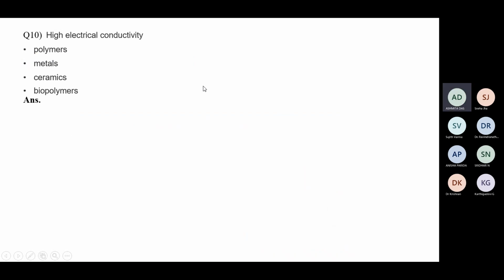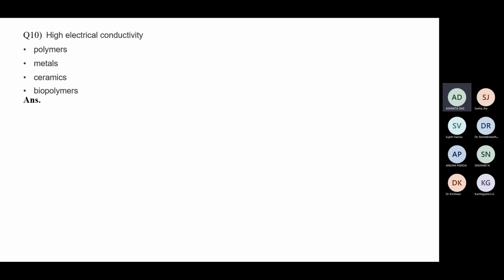Now moving to the next question, high electrical conductivity. In general, it's metal, but if you consider a superconductive material where resistivity is 0, then ceramic is also a right answer, because most superconducting materials nowadays are ceramic-based.